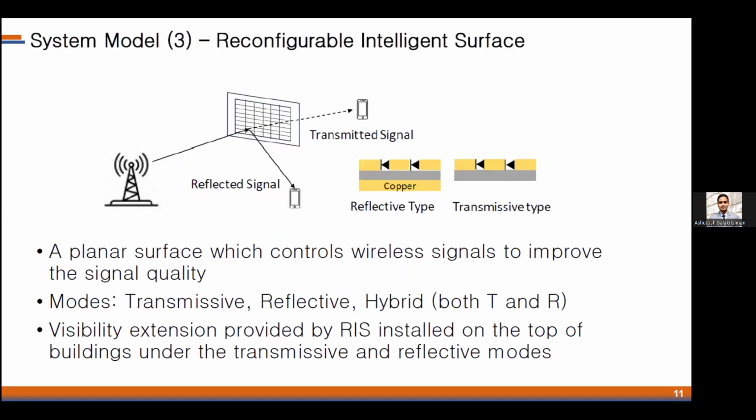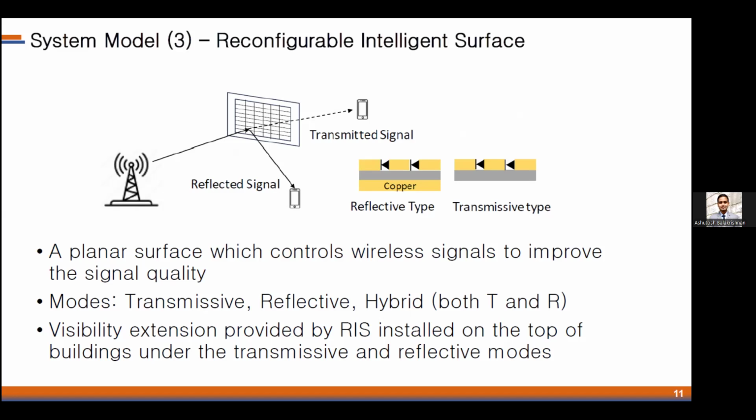I believe most of you already know what RIS is, but I want to talk about it shortly. Basically, RIS is a metasurface which changes the channel environment in order to enhance the signal quality. It is known that the RIS has three modes: transmissive, reflective, and hybrid.